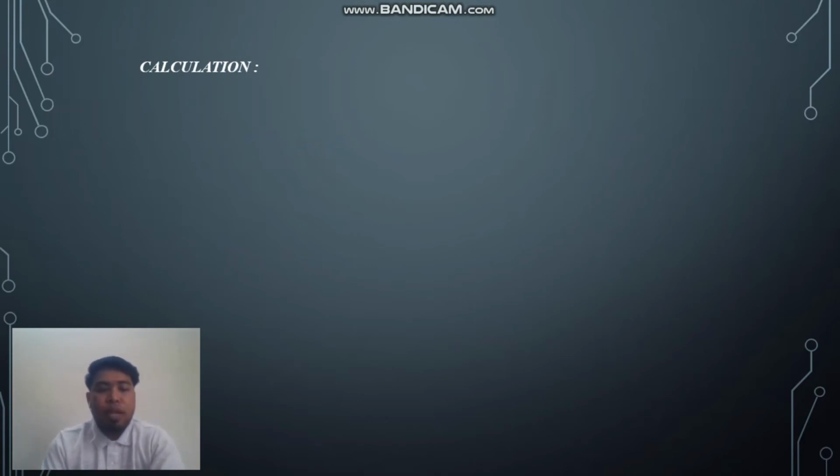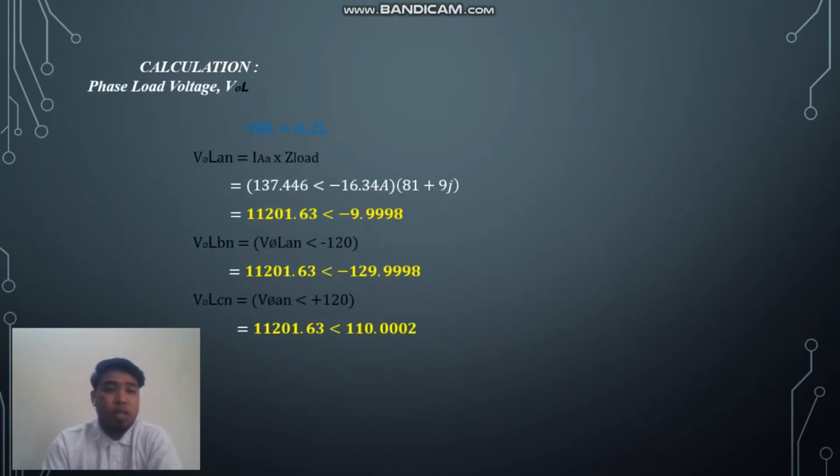Okay, next, in this project I also need to calculate the load voltage. For the load voltage, we use the formula: load voltage equals I load multiplied by Z load.